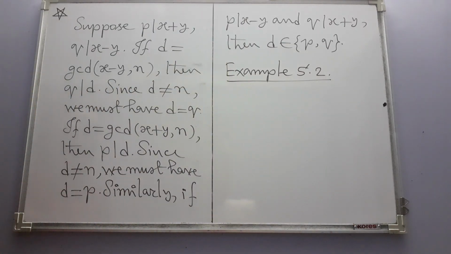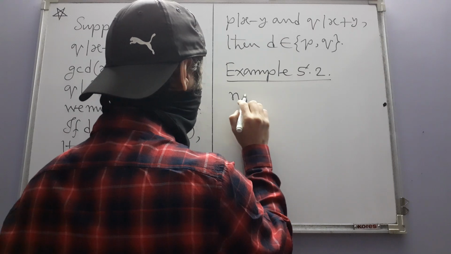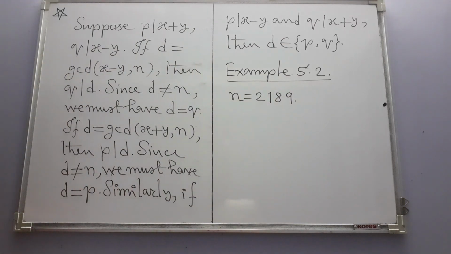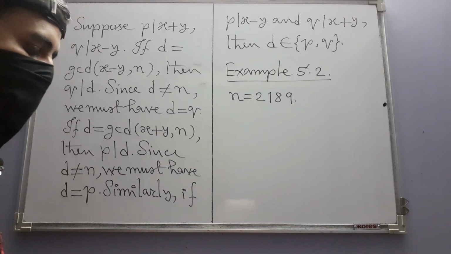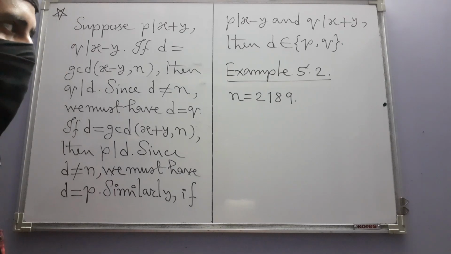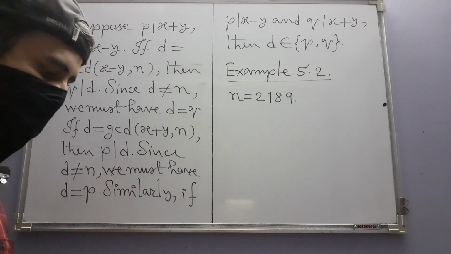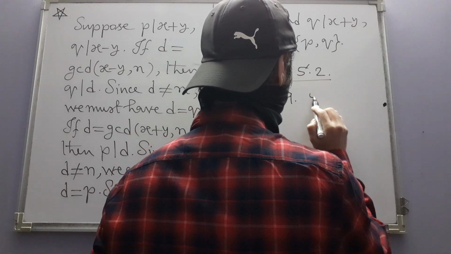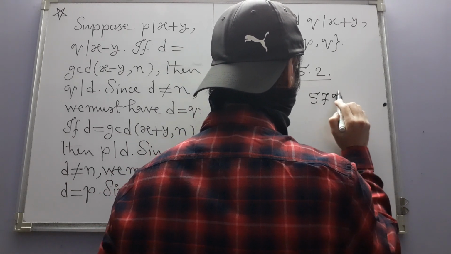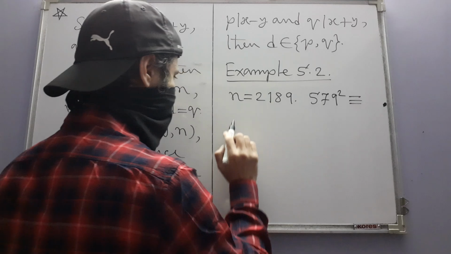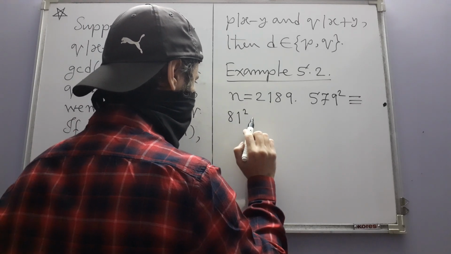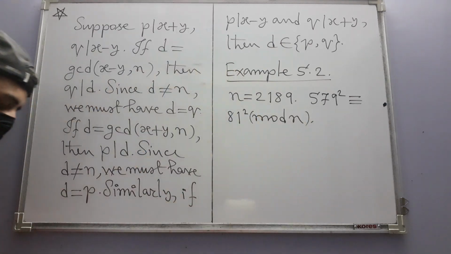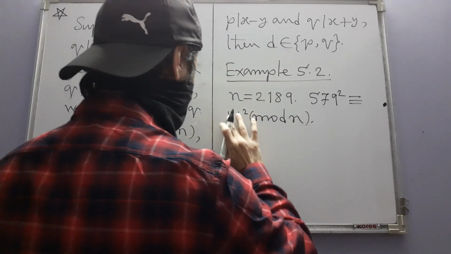The number we now have is 2189, and say by some means we have figured out this x and y. 579 square is congruent to 18 square mod n.